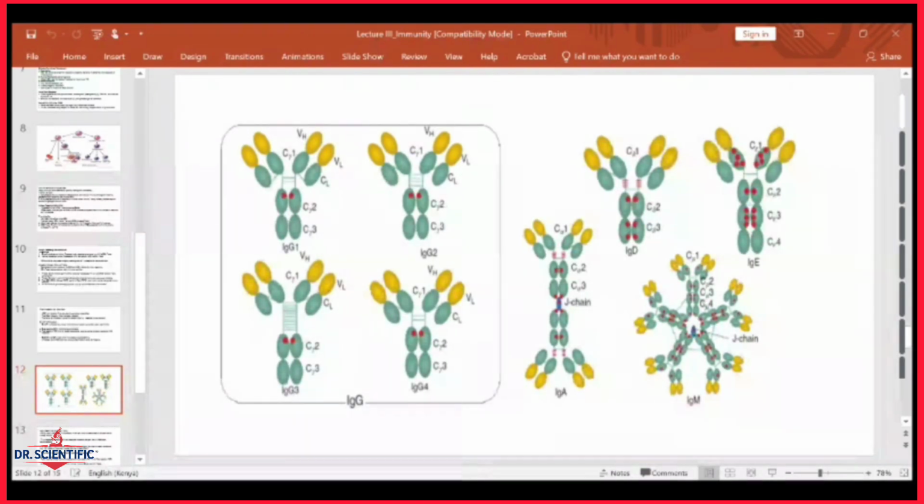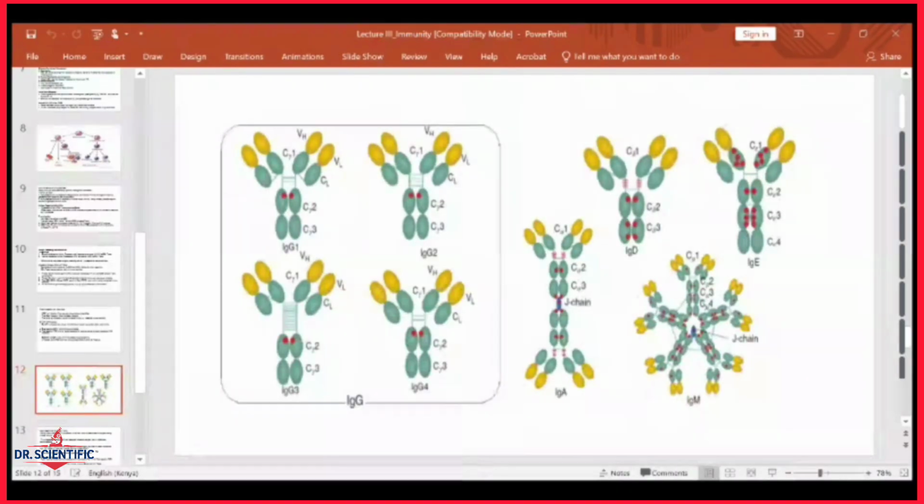The yellow parts are the Fab regions, the fragments that interact with antigens. So you see, this is a very large molecule. It's called immunoglobulin mu. This is the first antibody that is generated.